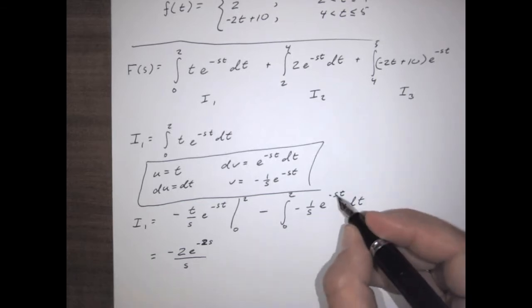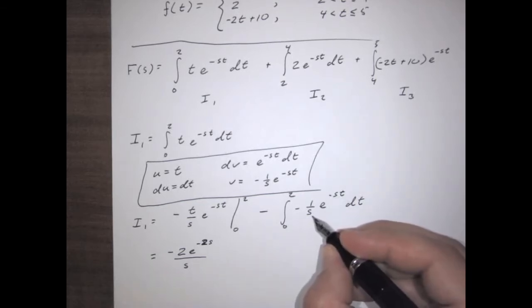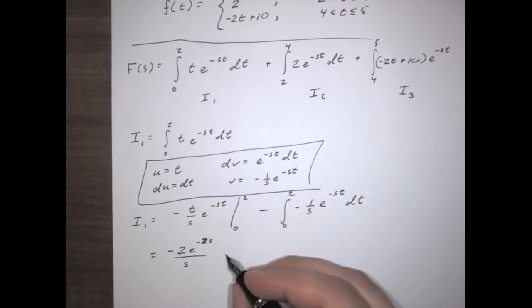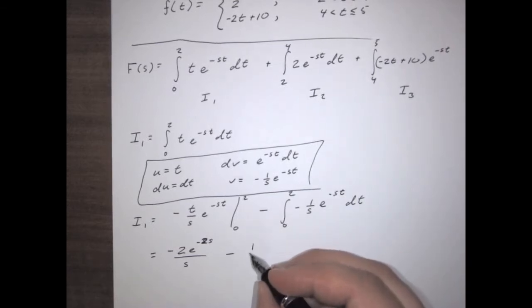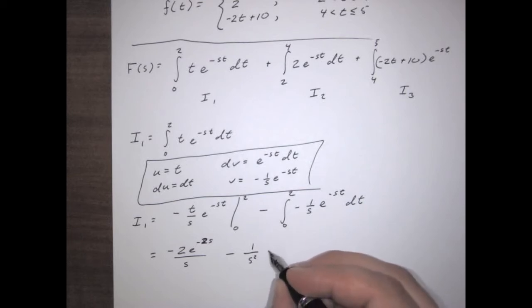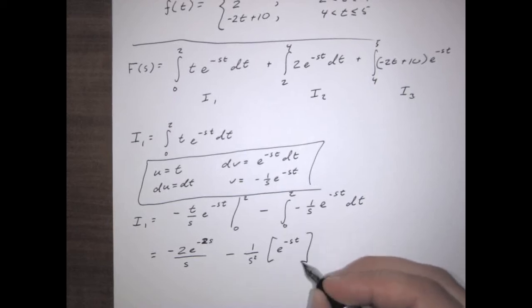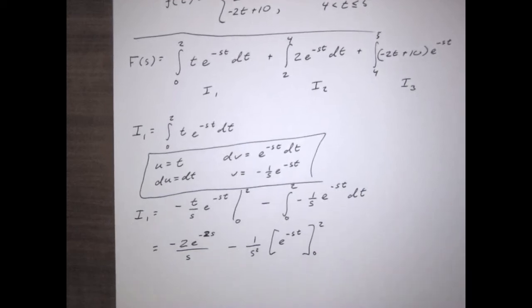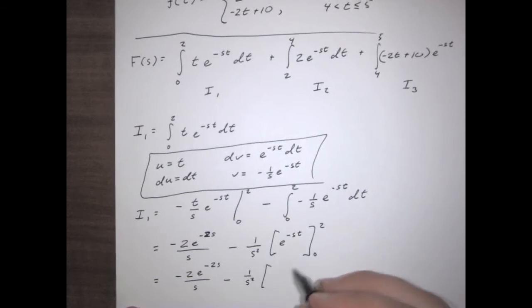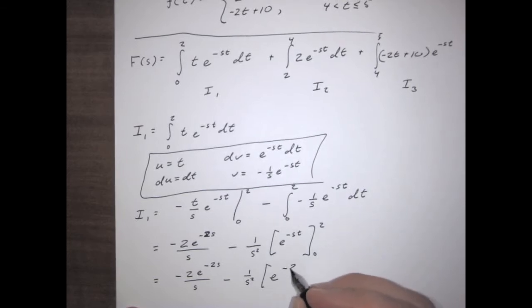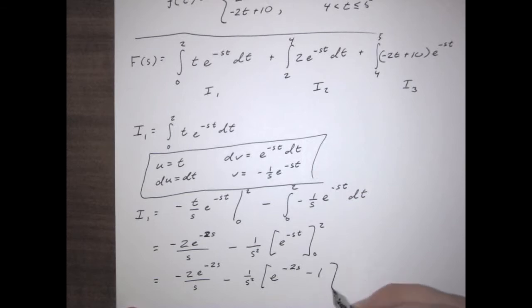Over here, we're going to bring down another 1 over negative s. So it's going to be negative, negative, negative. So it's going to be a total of minus 1 over s squared e to the negative st. And that's going to be going 0 to 2. So it's going to be negative 2 e to the negative 2s over s minus 1 over s squared. And in here we're going to have e to the negative 2s minus 1.